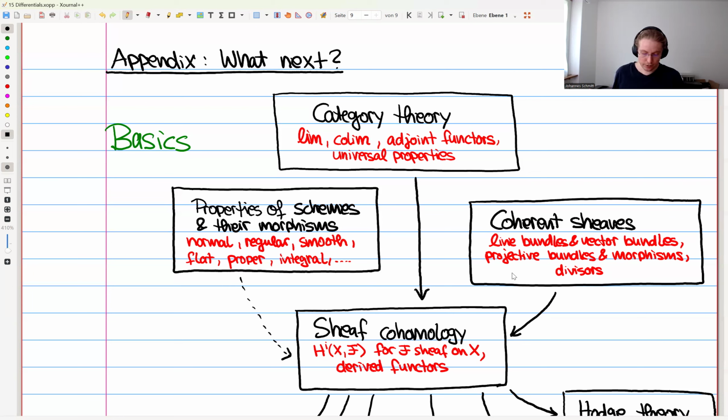And then all of these three topics come together in an area called sheaf cohomology, which is the final chapter of the script by Gutmann, which we didn't cover. This sheaf cohomology takes a sheaf on a scheme X and associates to it some nice groups.